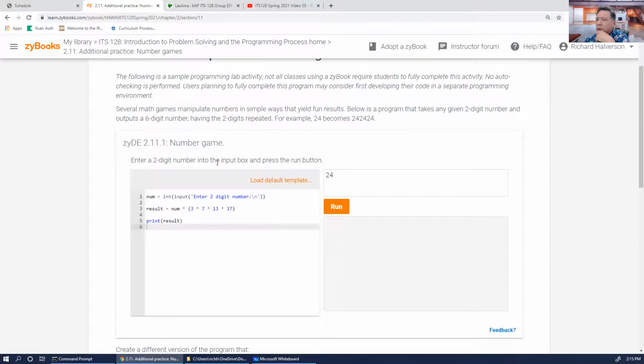Enter a 2-digit number into the input box and press the run button. Okay, what happens? Okay. Well, that's pretty cool.